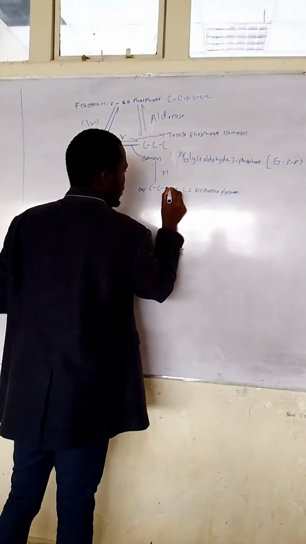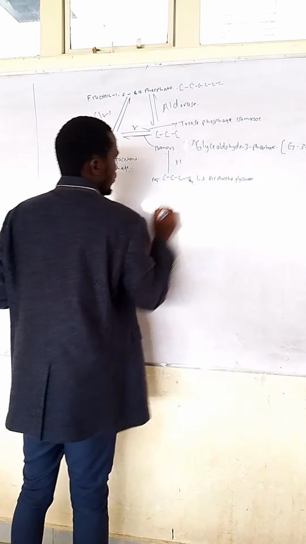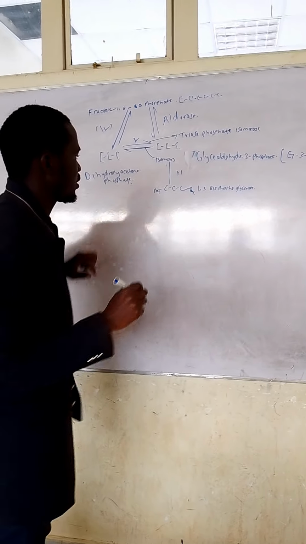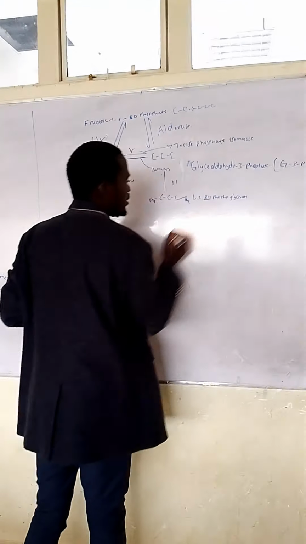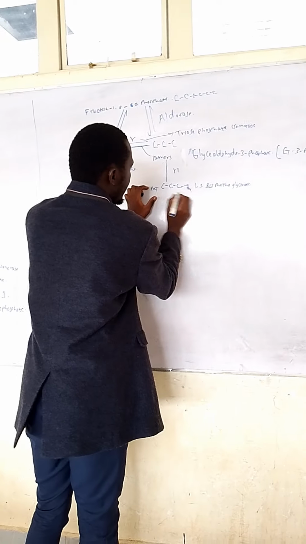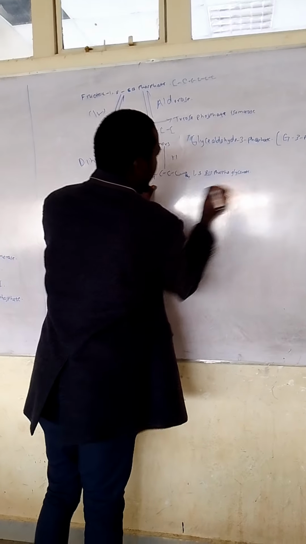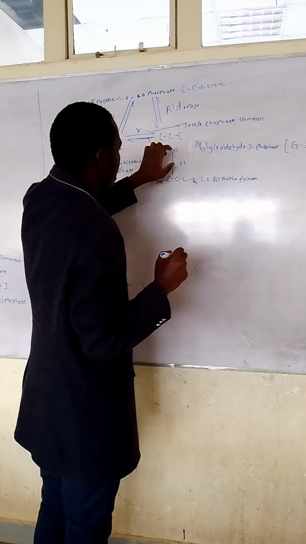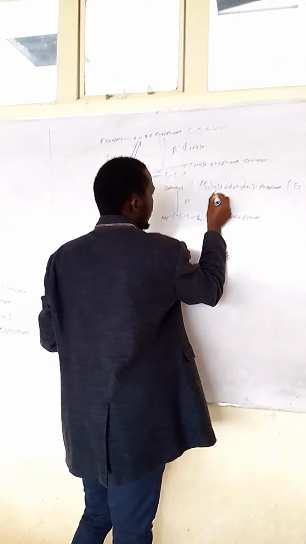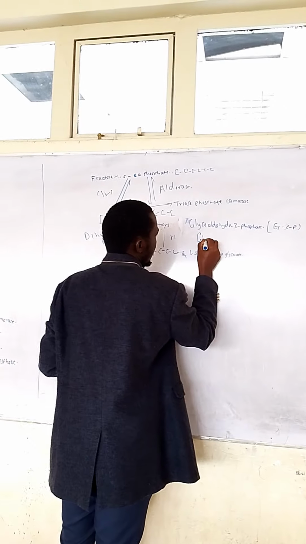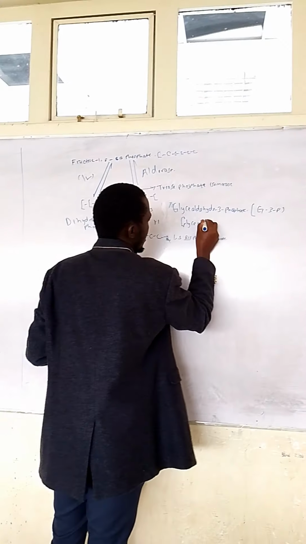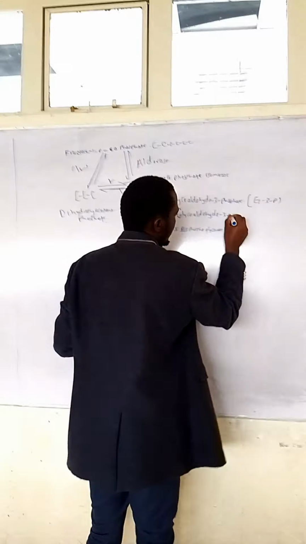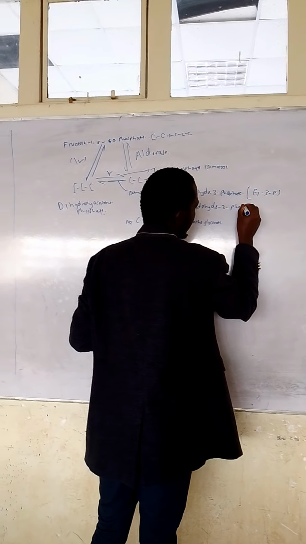We said whenever the carbon chain is between two phosphates, that structure is called a bisphosphate.